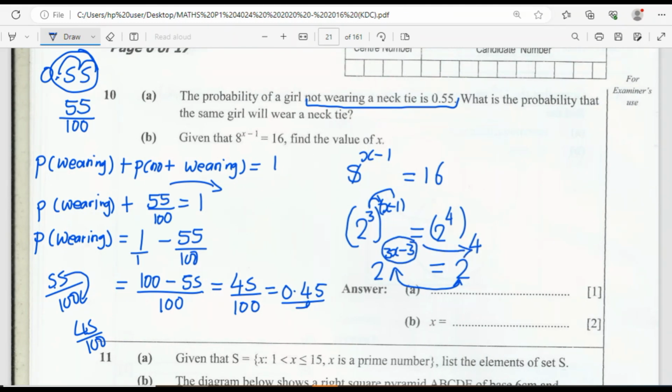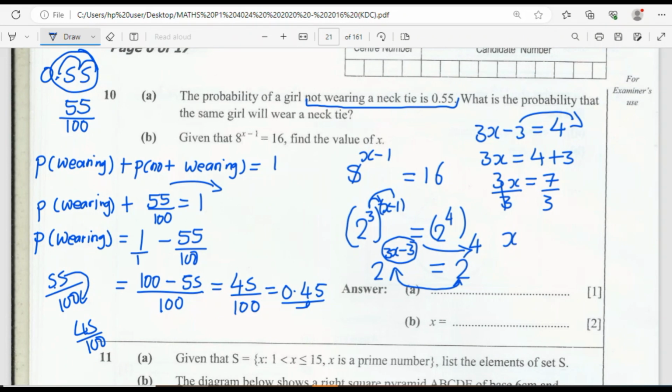So we'll just now focus on 3x minus 3 is equal to 4. So let's shift this number. We have 3x is equal to 4 plus 3, which adds up to 7, over 3 over 3. So what's our x? x is equal to 7 over 3.